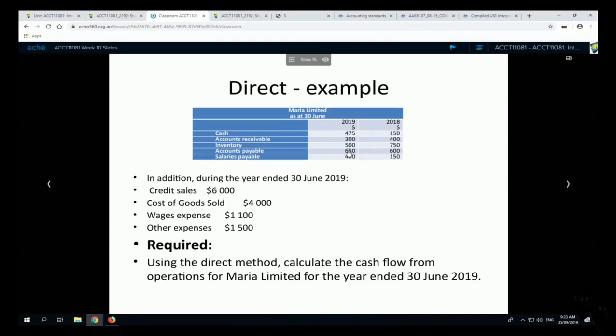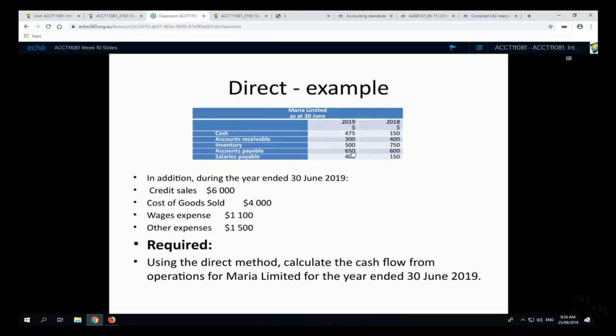Okay, so you can start with the cost of goods sold, then add the inventory closing balance, take off the inventory opening balance. Okay, remember this bit is just to account for the purchases made to suppliers, i.e. reversing the formula that we looked at in week 5. Then we add the opening balance for accounts payable and deduct the closing balance for accounts payable.